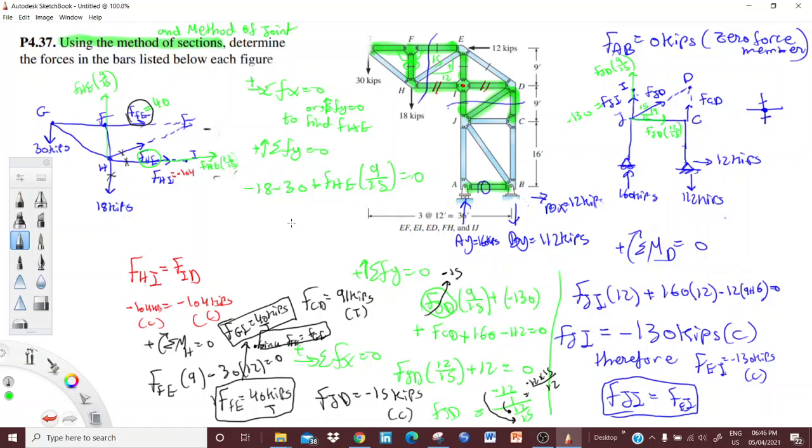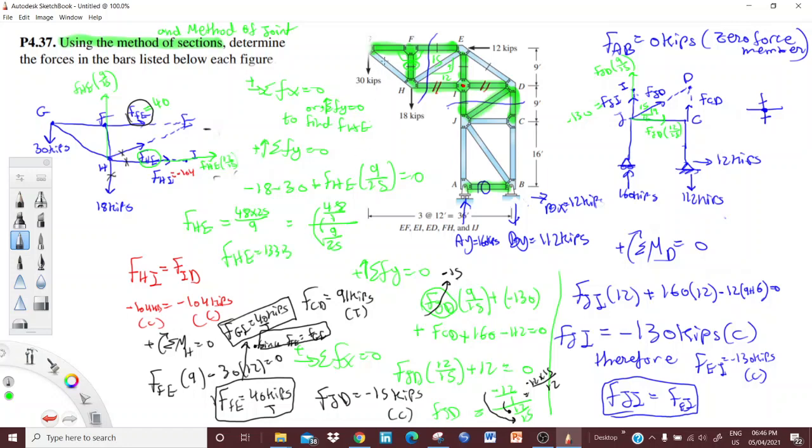Just wait for a second. It will be 48 over 1 divided by 9 over 25. So let's multiply it: 48 times 25 over 9, which is equal to FHE. 48 divided by 25 over 9, FHE is equal to 133.3.